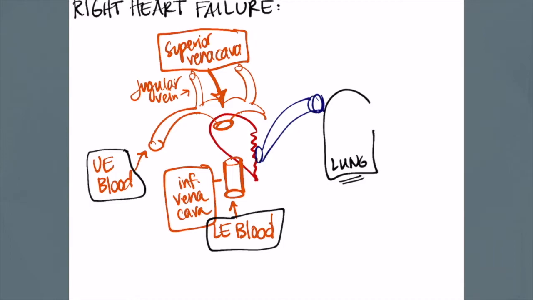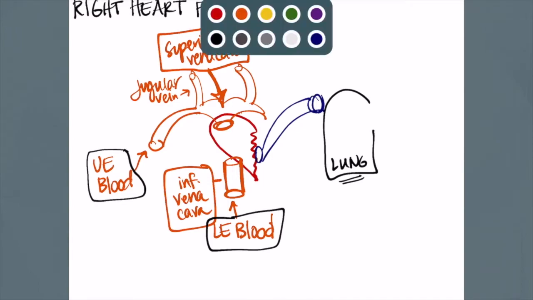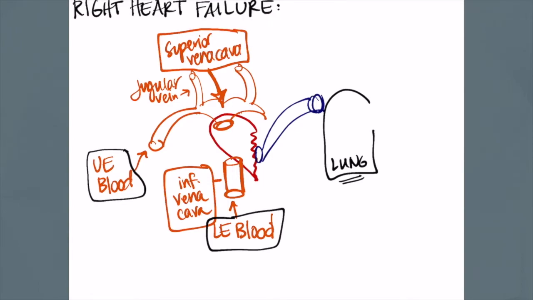So it is much more susceptible to any disease that raises pulmonary vascular pressures. Anything that raises PA pressures is very, very difficult for the right side of the heart to overcome.